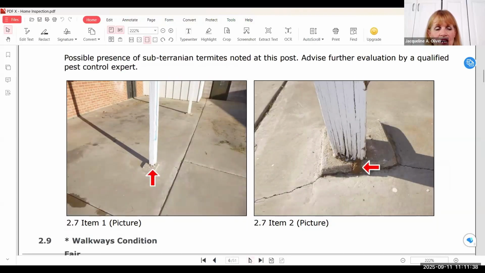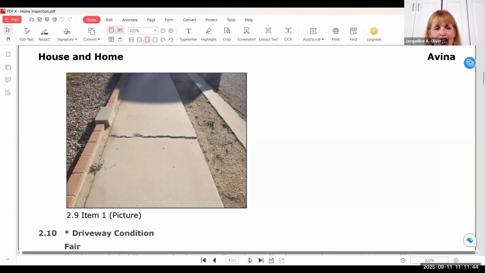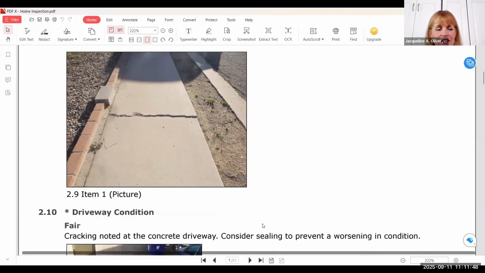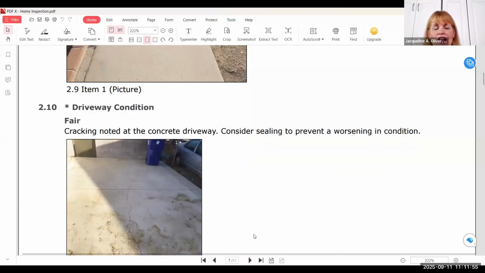And let's move on. Now, what do you think that is? Crack in the concrete. That's in the driveway. And so that's a problem. They say, now why would they say fair condition? I don't know. So to some people, they don't care.